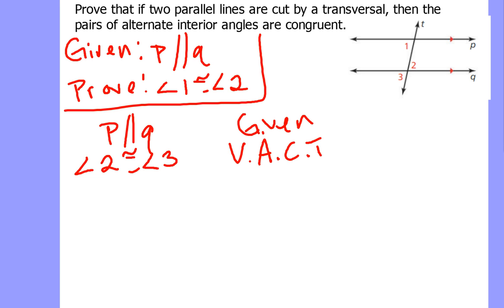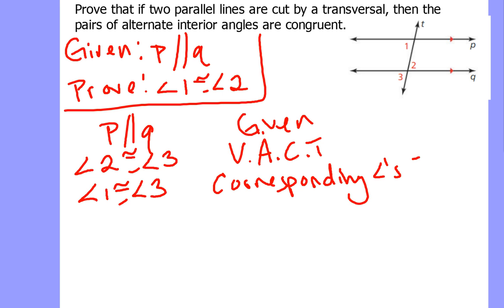But I want to show that 1 is congruent to 2. Take a look: what is angle 1 and angle 3? Well, angle 1 is congruent to angle 3 because they are corresponding angles, by the corresponding angles theorem.